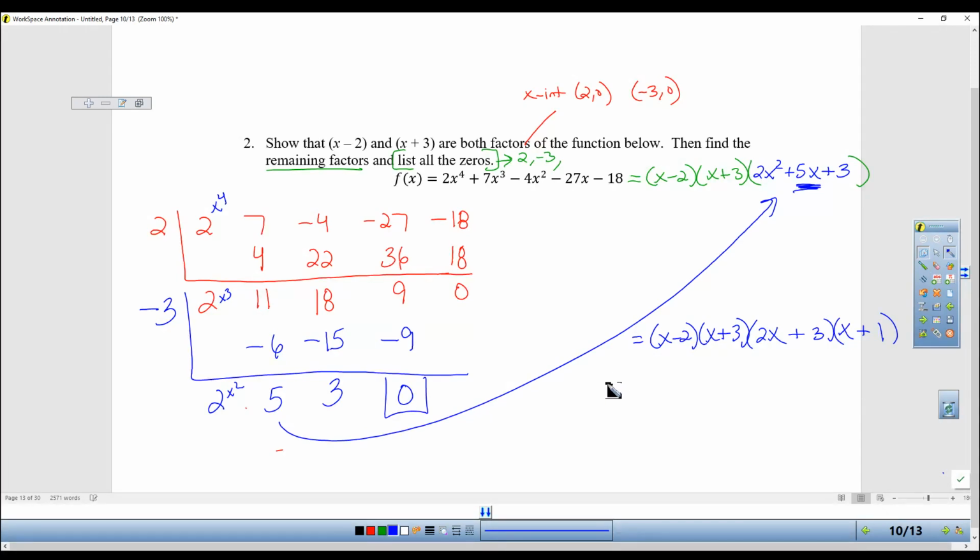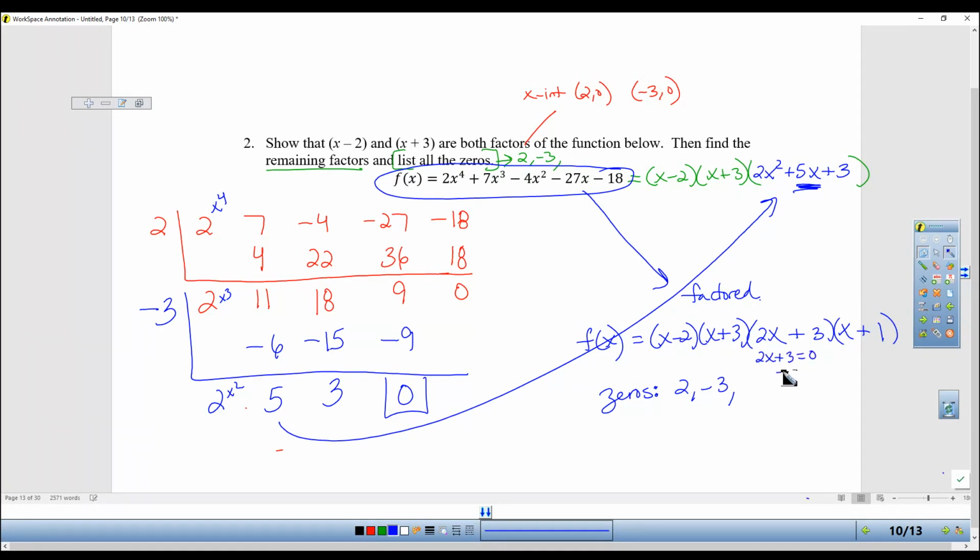So this is f of x. Look what it was originally. And look, we factored it. It's so cool. I know you're not as excited as I am. And what are the zeros? The zeros are 2, -3. And on this one, if you can't do that in your head, you can just write it out. 2x plus 3, what would make that 0?